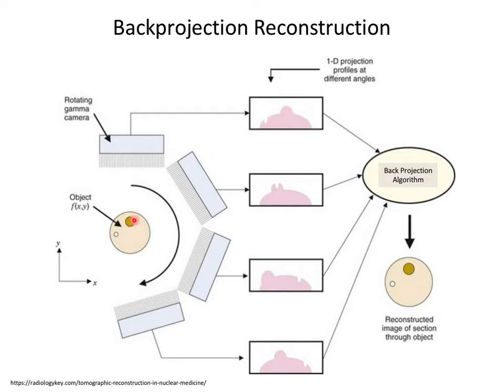If this is the high intensity object, it would be right in the middle of our projection at this angle. At this angle, it's going to be all the way over on this side at small L values here, right? And so you just see all of these projections, and we're going to feed them into what's called a back projection algorithm to reconstruct the image of our slice.